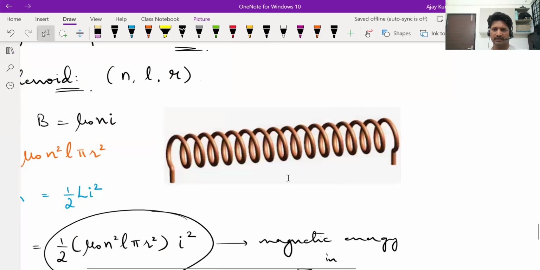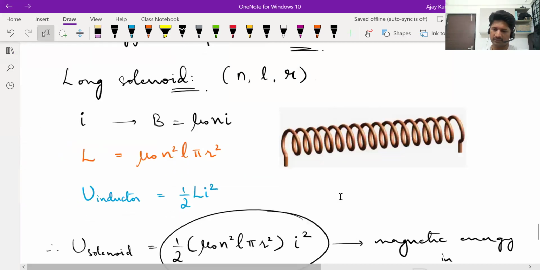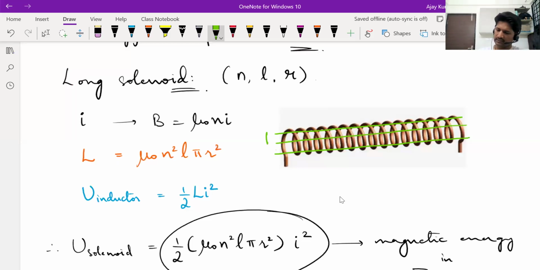So all this energy, half L I square, is stored in the magnetic field produced by the solenoid, and that magnetic field is in this volume, the cylindrical volume inside the solenoid. Right? We know the radius is R and the length is L. So pi R square L will be the volume.